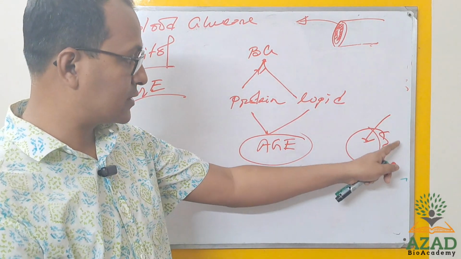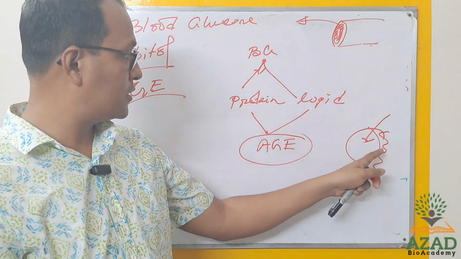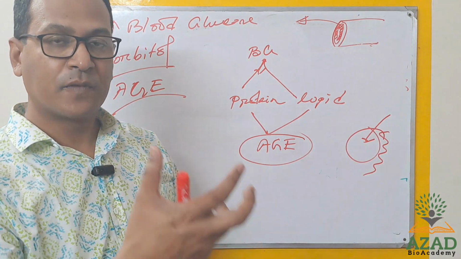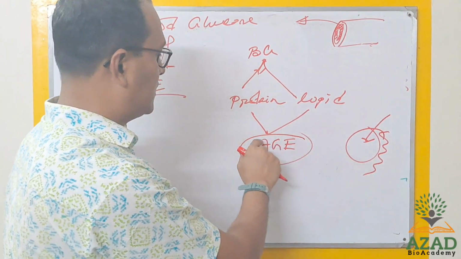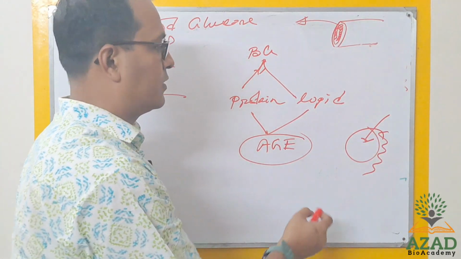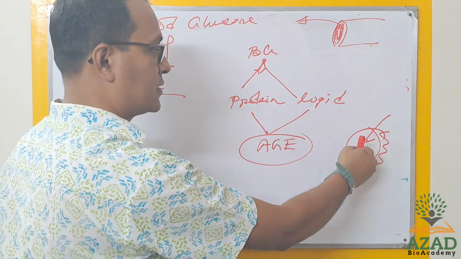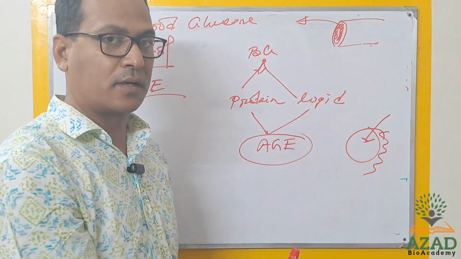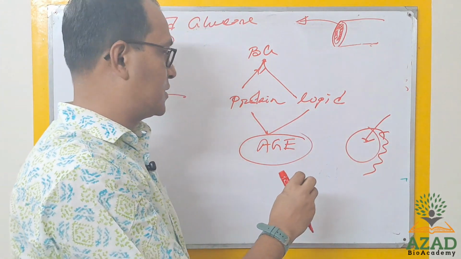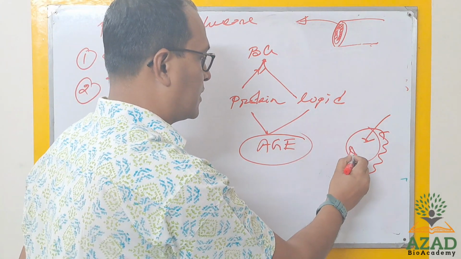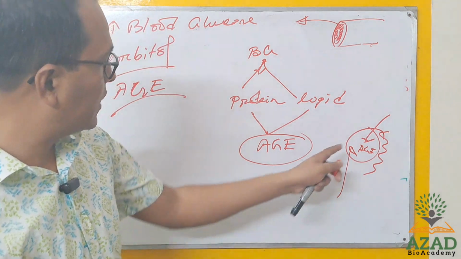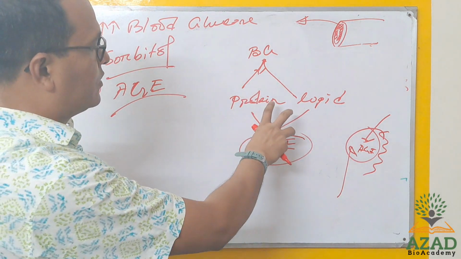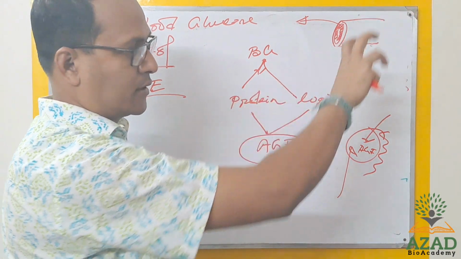And the extracellular space carries collagen substances, so AGE can create problems with the collagen. And within the cell, with your protein, organelles or fat substances, when sugar enters, AGE can also be produced within the cell. And where can it be produced? It can be produced throughout the retina.